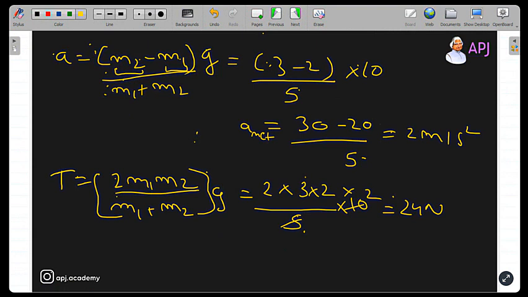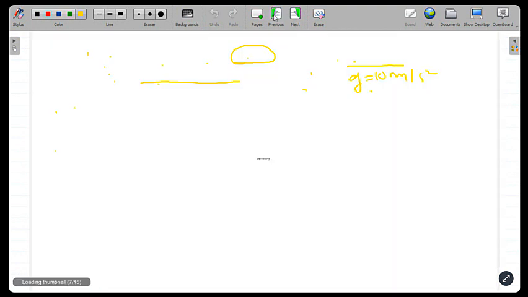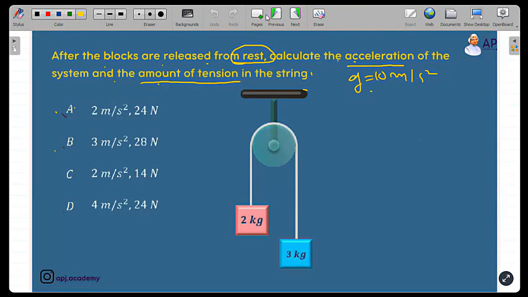Acceleration is 2 meter per second square. So your answer will be, I guess, option 1.